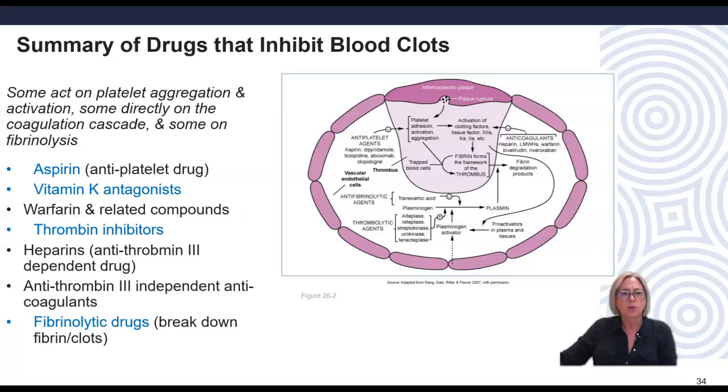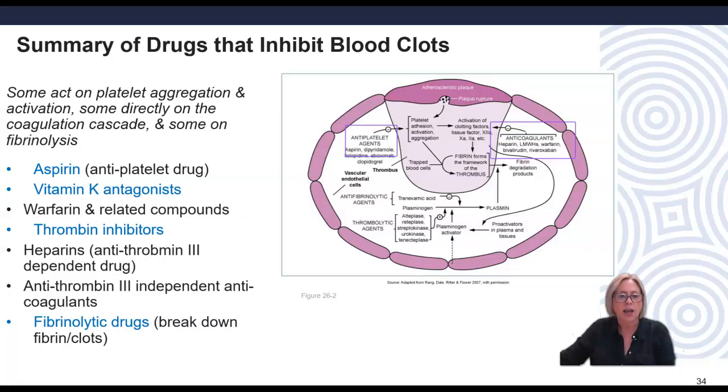Okay. So the drugs that we've looked at, some act on platelet aggregation. So we looked at the antiplatelet agents, in particular aspirin, which is an antiplatelet drug, and that is inhibiting the formation of that platelet plug. We also looked at these anticoagulants that are inhibiting the coagulation cascade.